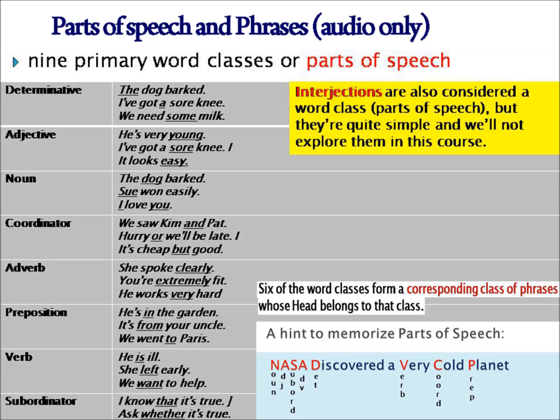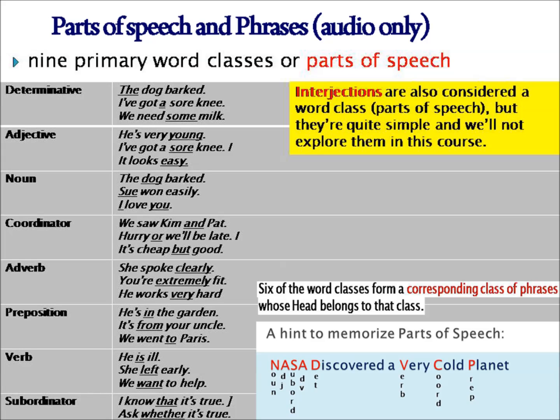Okay? Now, today we are going to start discussing the parts of speech in English. By parts of speech, we understand the grammatical classes we are used to talk about. They are normally called the parts of speech, and there are 9 primary word classes, or parts of speech.